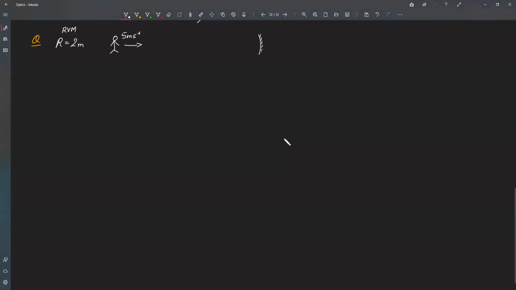How fast is the image of the jogger moving? You will see the image of the jogger. And do you see an inverted image, or in the rear view glasses do you see an erect image? Erect image. So that means those images are virtual and erect. And this mirror is not a concave mirror.